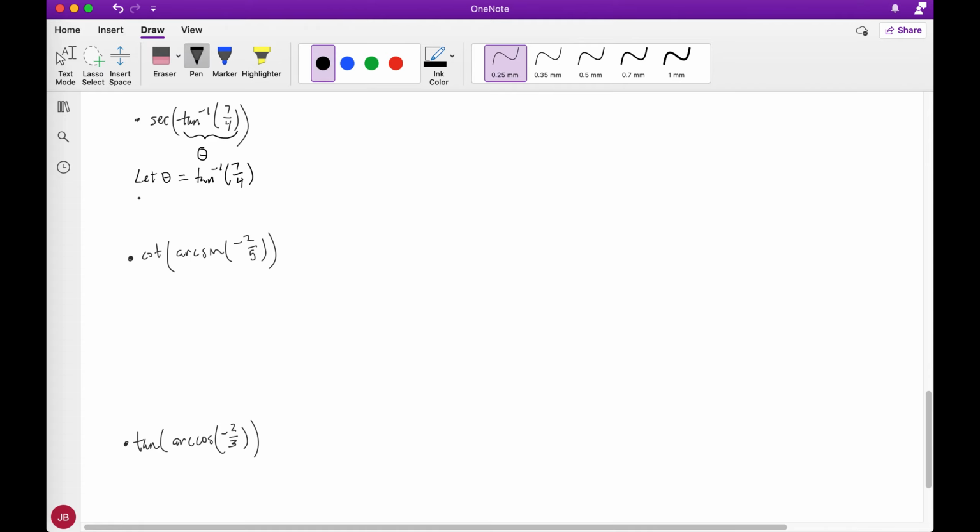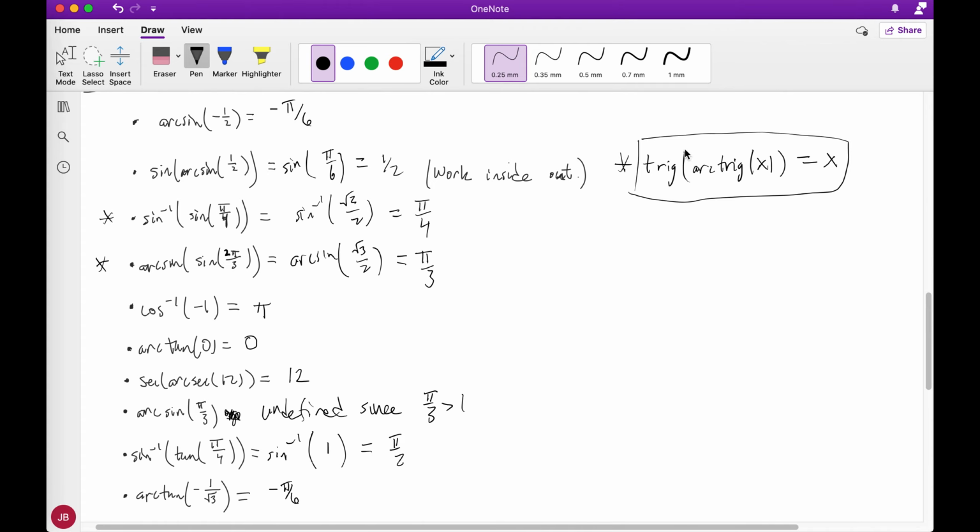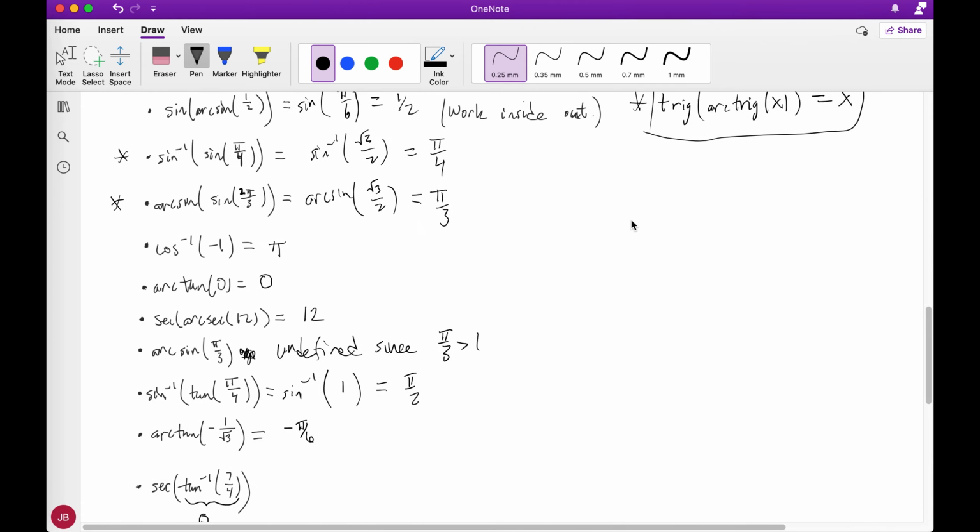So really what we're trying to find, if we're calling the inside part theta, is the secant of theta. Okay, so let's see what we can do. Let's use this starred property way up above: trig of arc trig of any input always equals that input.